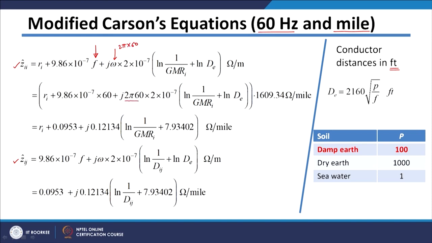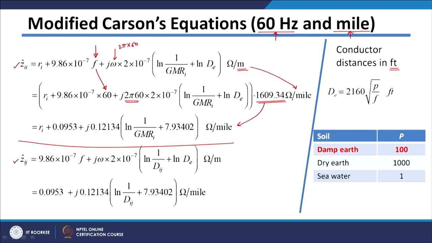So, this f will be replaced by 60, and here this meter needs to be converted into miles. This conversion factor is 1609.34, the number of meters in a mile. If you simplify using this, I will get this expression here, which gives me the self impedance of the conductor at 60 hertz and mile as a unit.